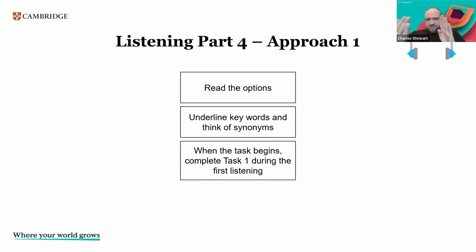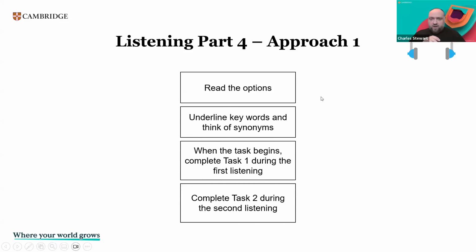You're forgetting about task two. The first time that you hear the recording, you're only doing task one. And then the second time that you hear the recording, you're doing task two. So an advantage to this approach would be you're only focusing on one portion at a time rather than both of them at the same time.